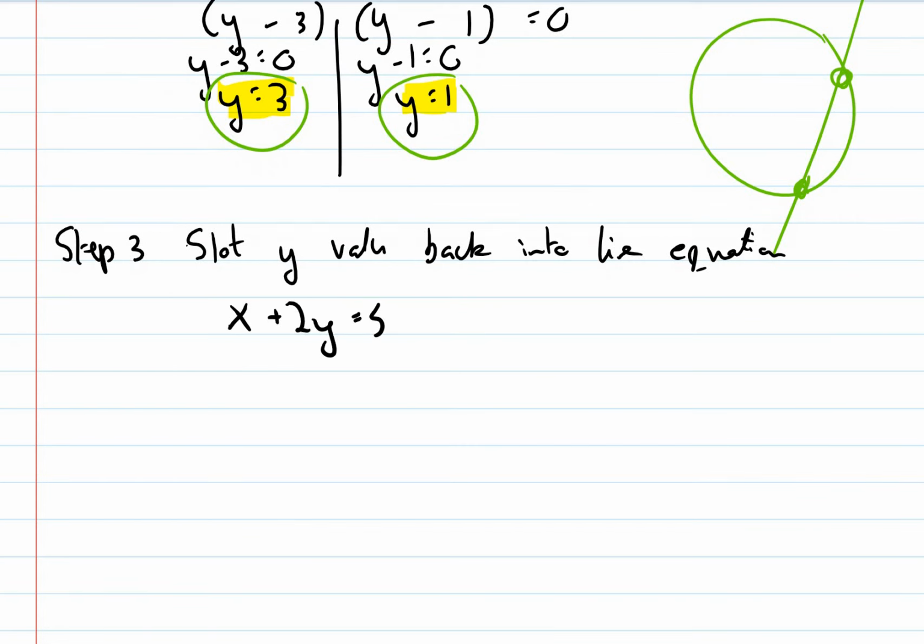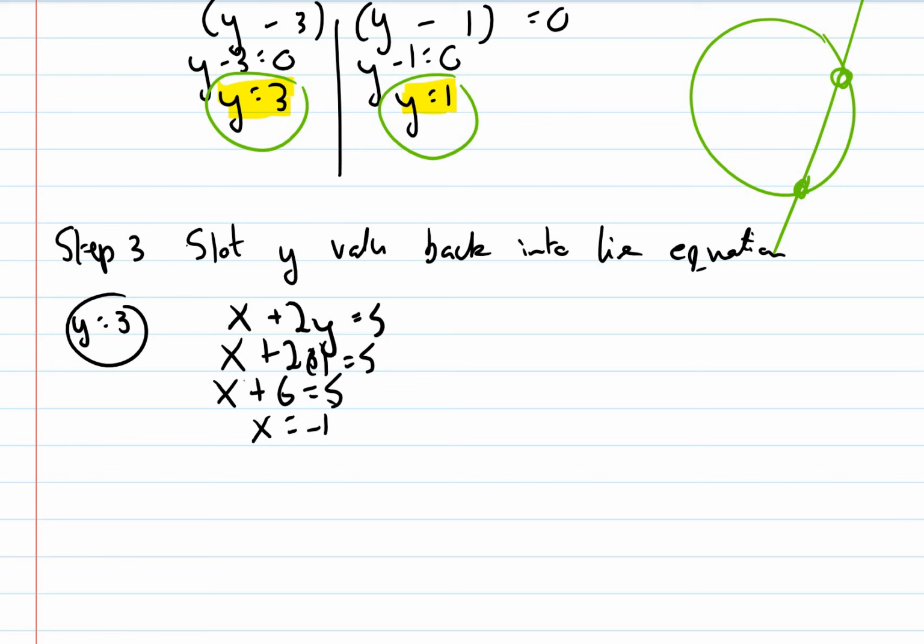I'll slot y equals 3 in first. So x plus 2 times 3 is equal to 5, so x plus 6 equals 5, so x equals minus 1. So the point it crosses is minus 1 for the x value, 3 for the y.